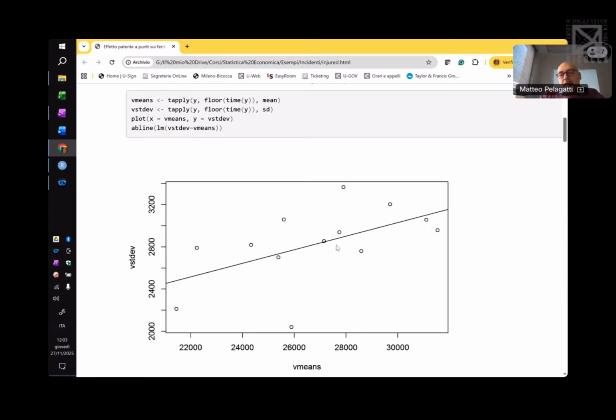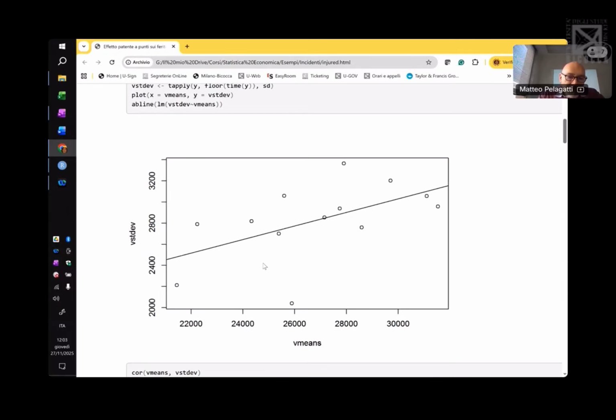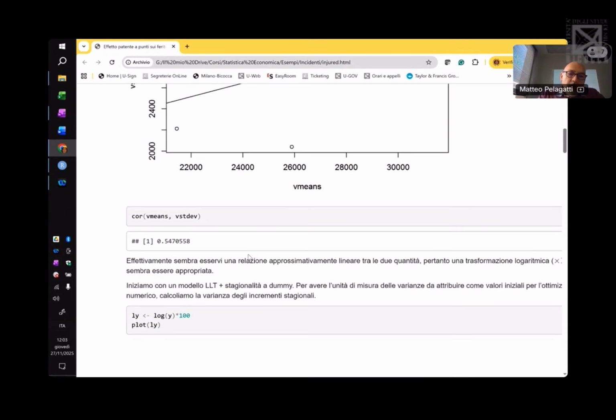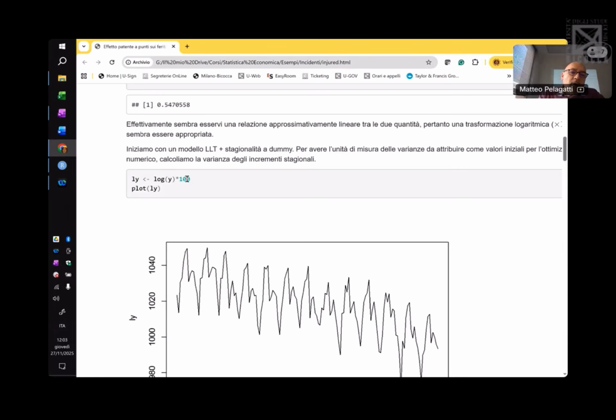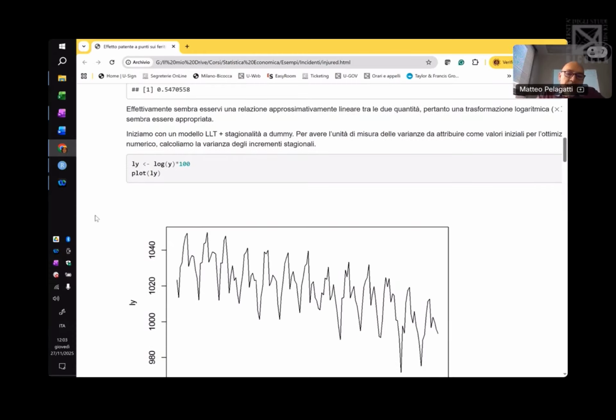I mean, it's not that strong. It could work also on the real values, but I think I worked on logs here. Actually, I worked on log times 100. I told you that sometimes it's better to multiply by 100 just for numerical reasons.